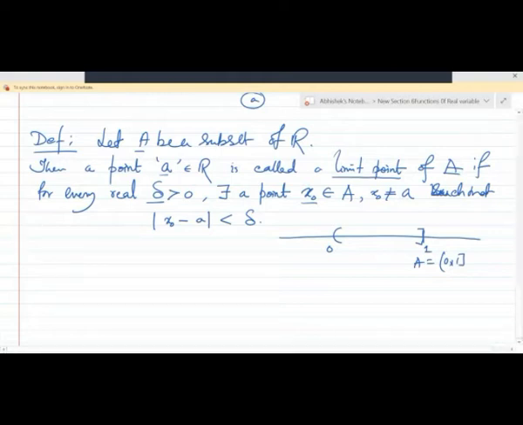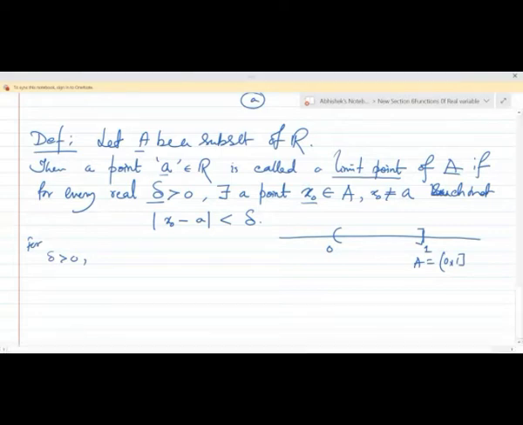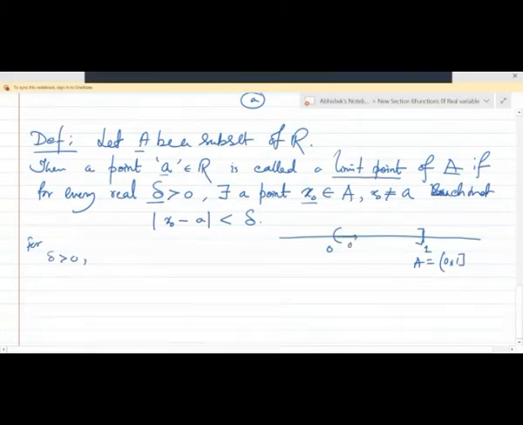Why? Because for any delta, choose any delta greater than 0, however small it is. So you will have two real numbers. One is 0 minus delta, another is 0 plus delta, right? So 0 plus delta will be inside this, and it is outside this. So this set contains at least one point of the interval 0 and 1.